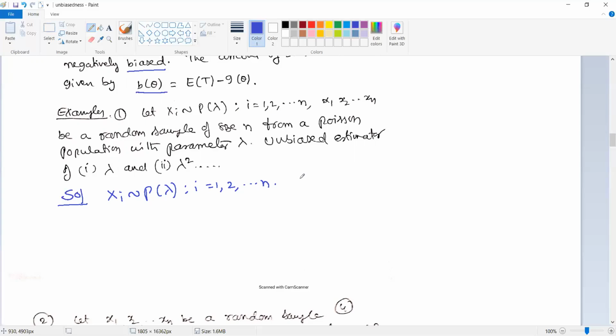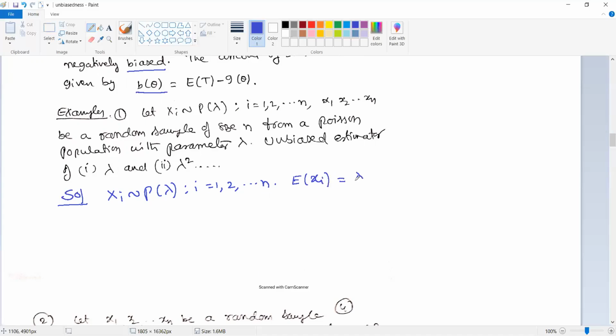Here we have to estimate lambda and lambda square. We have to give the unbiased estimator of lambda and of lambda square. These two are very, very important from the examination point of view. Now, first of all, for any model we have to write the mean and variance.